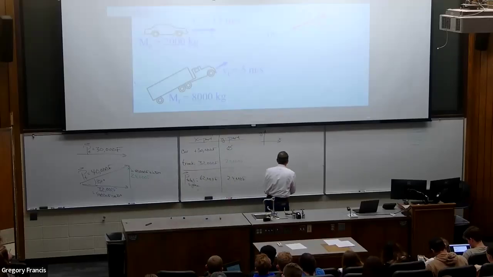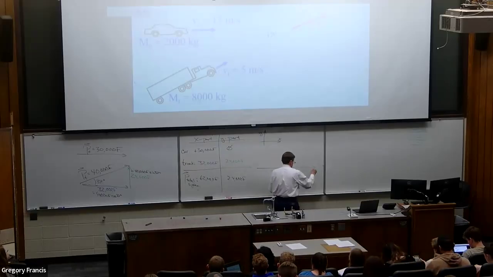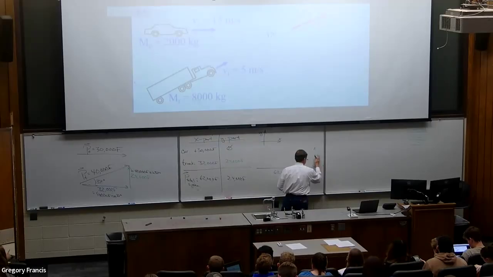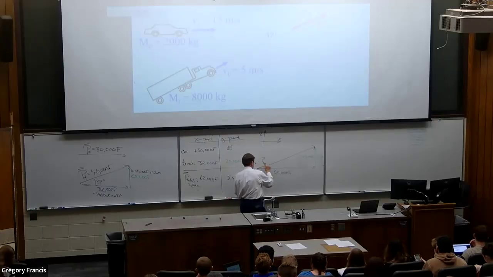So what does that look like? Well, I've got 62,000 in the X direction. I've got 24,000 in the Y direction, and the total is the hypotenuse there.